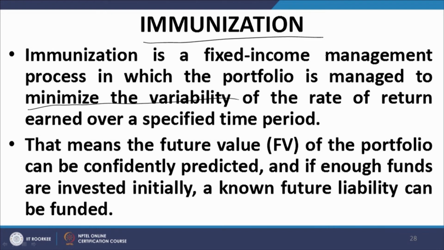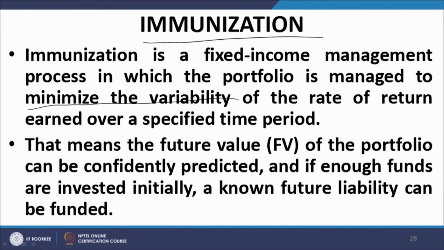That means, if a portfolio is immunized, the impact of interest rates on the portfolio is eliminated or at least minimized, and that means the future value of the portfolio can be confidently predicted. Interest rates are a random variable, interest rates are stochastic.